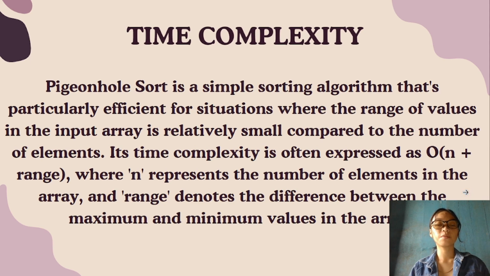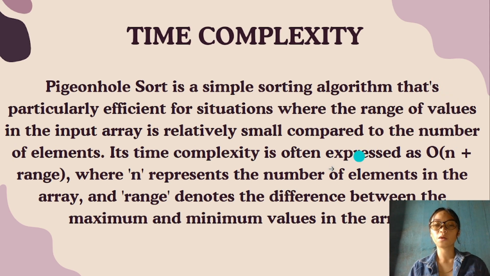So, pigeonhole sort is a simple sorting algorithm that's particularly efficient for those situations where the range, or the maximum and minimum values, is relatively small compared to the number of elements inside the array.